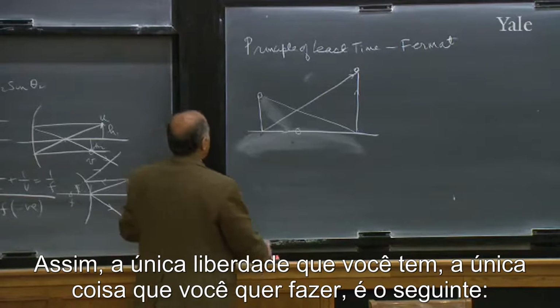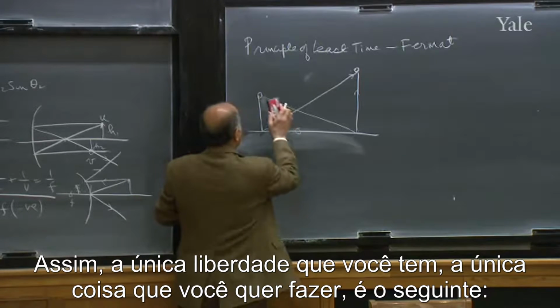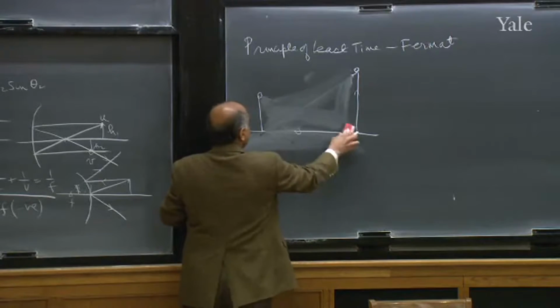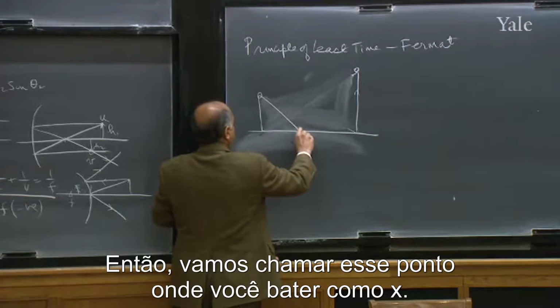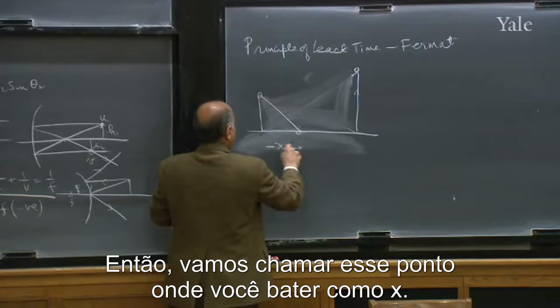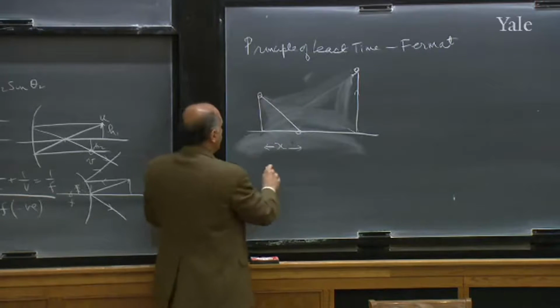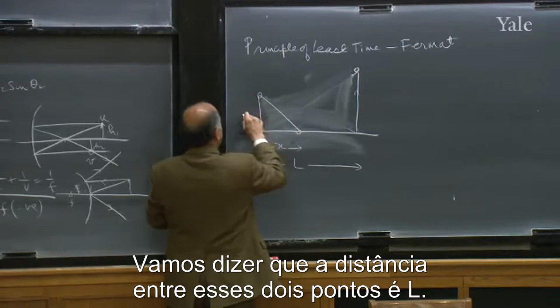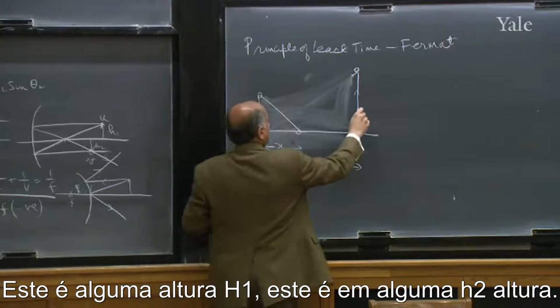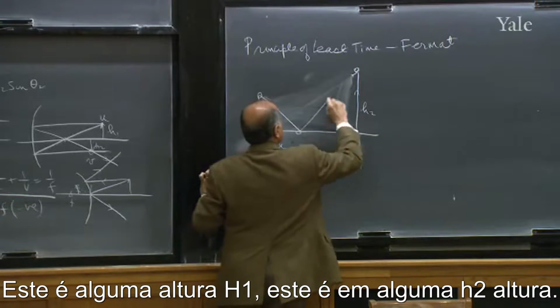So the only freedom you have, the only thing you want to ask, is the following: where should I hit that mirror? So let's call that point where you hit x. And let's say the distance between these two points is L. This is at some height h1. This is at some height h2.